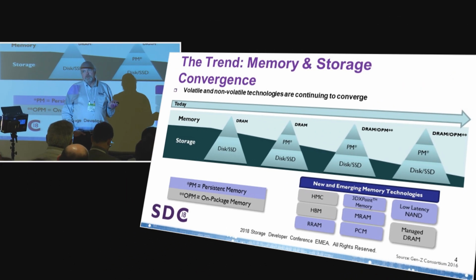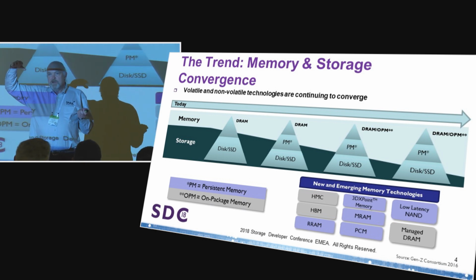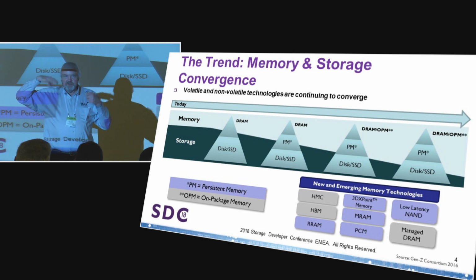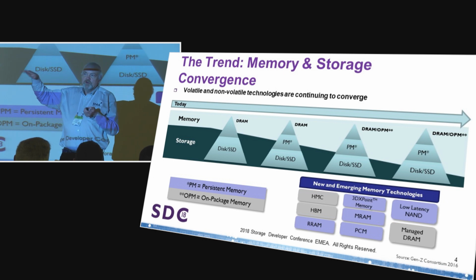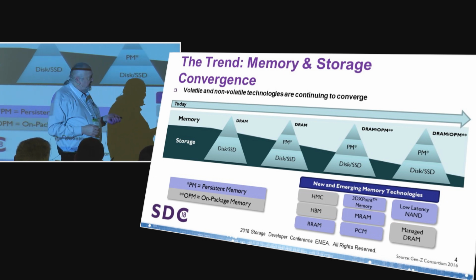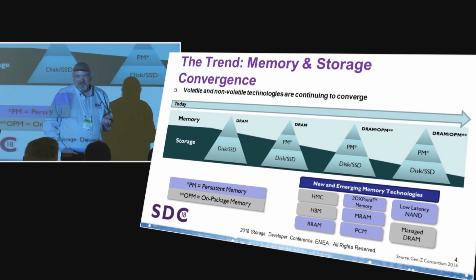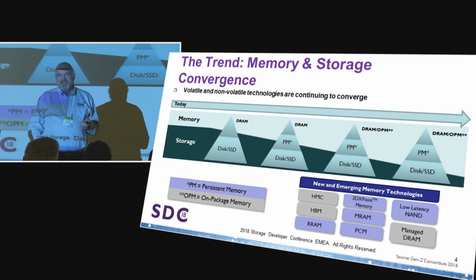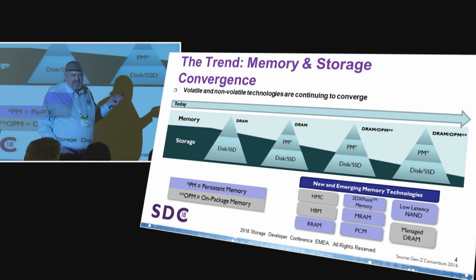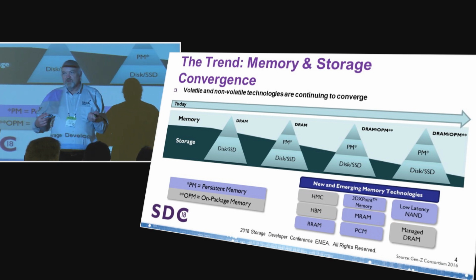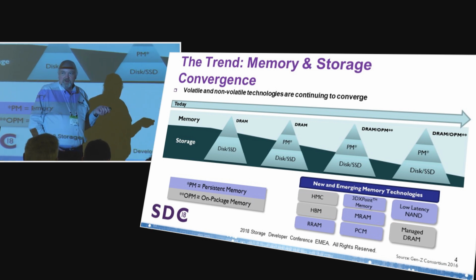As you go up from SLC to MLC to TLC to QLC, the latency takes a little bit longer because you're doing all these voltages like we talked about this morning. What if you took current 3D NAND and ran it as SLC? Well, you could get some pretty fast response times out of today's production line NAND by running it in SLC mode. And so that's sort of a fast NAND. But of course, you're now only using 1 bit per cell, and so your capacity goes down by like 1/4.